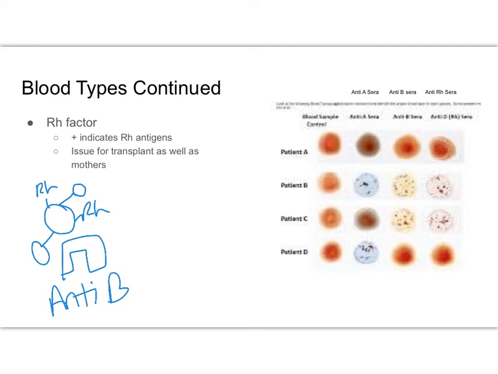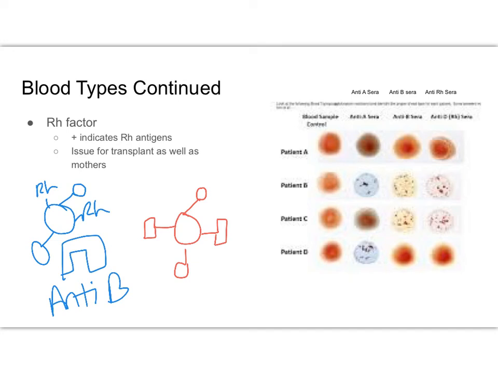But if I'm negative, right? So let's say that I had a B negative situation, or an AB, let's be AB negative. Let's make it a little bit more complicated. So I've got A and B surface markers, right? So I don't make any antibodies for those, but I don't have any RH.